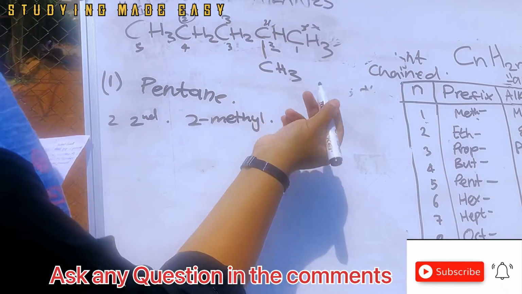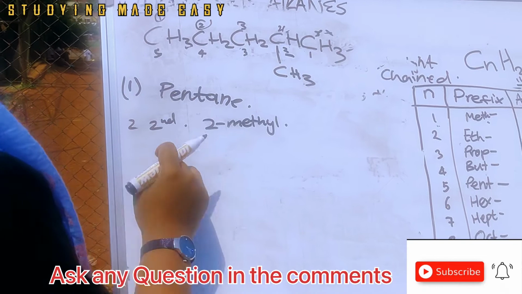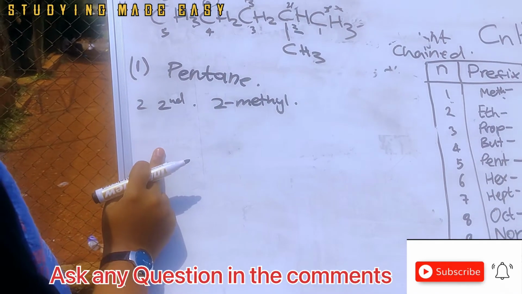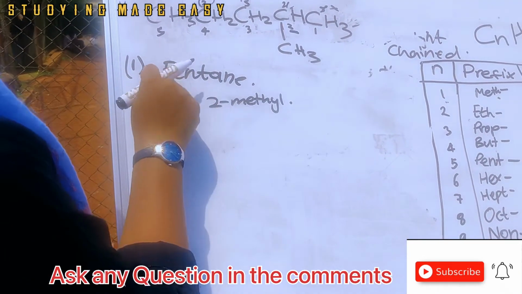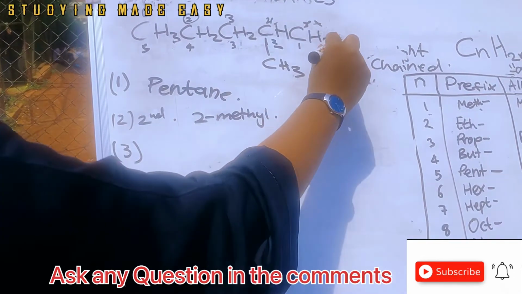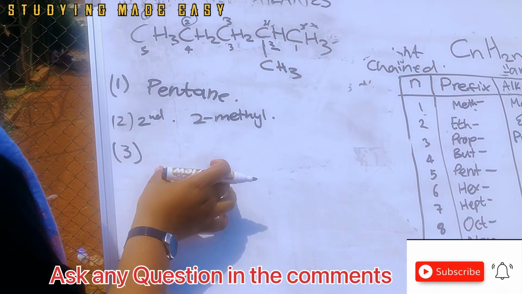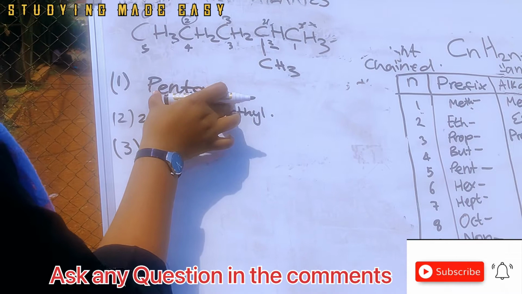We found it's on the 2nd carbon, and attach its number to the name of the parent chain. Alright? So we're going to join these two together. We're finally going to get the name of this alkane. Alright? So first you put the substituent in front of the name of the parent chain.